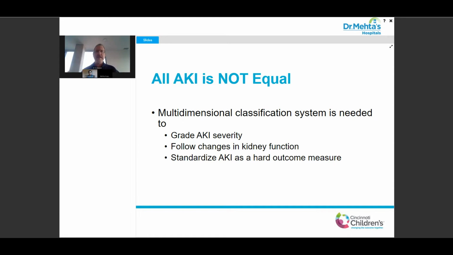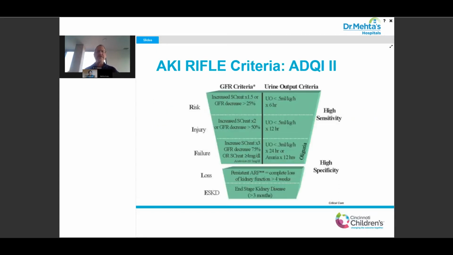We grade cancers, we grade intraventricular hemorrhages in our neonates, and in heart failure, we have different classifications. And so in 2002, a number of adult intensivists and nephrologists sat around a table in Vicenza, Italy, and developed the RIFLE criteria.